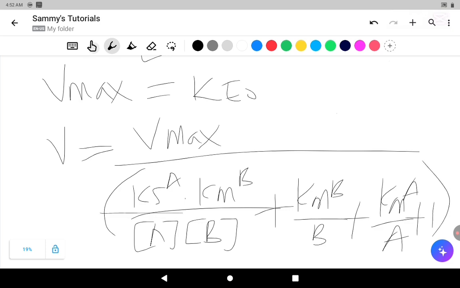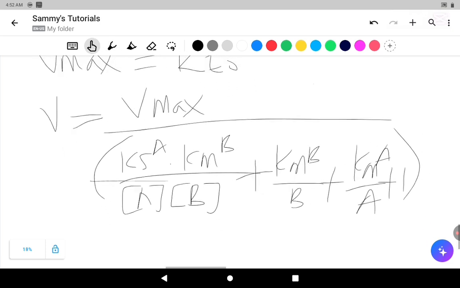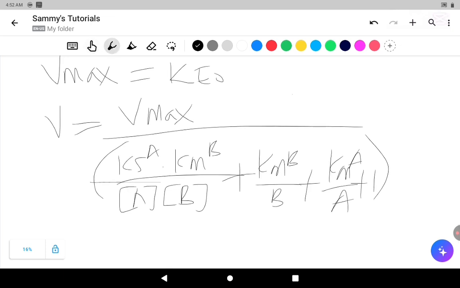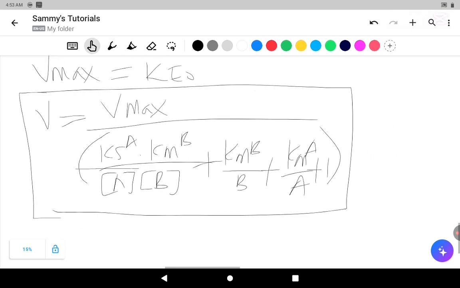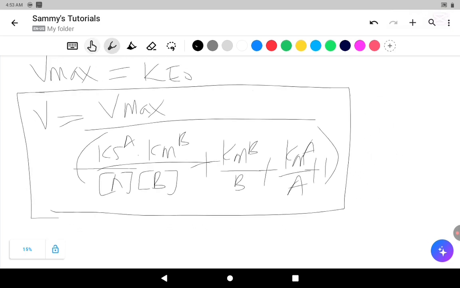This now becomes your final answer. Alright? I finally derived the speed of this particular random order mechanism. This becomes a velocity. Alright?